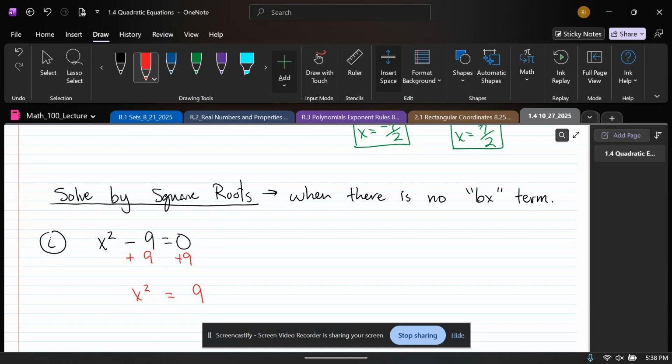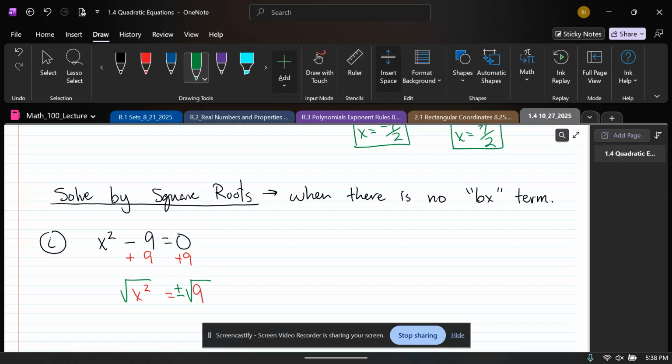And what I'm then allowed to do is undo the squaring of x. So what's the opposite of squaring something? It's taking a square root. Okay, the square root, and on the number side, I'm going to do a plus or minus, because when you square something, if you square a positive 3, you get 9.